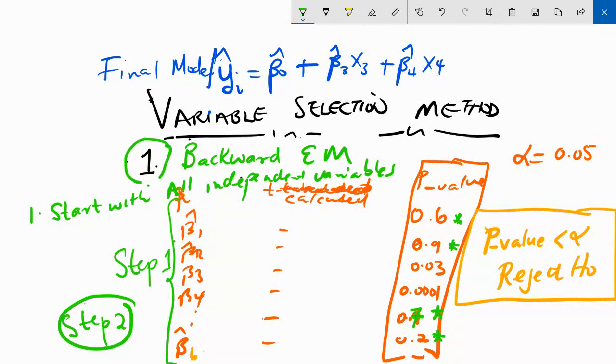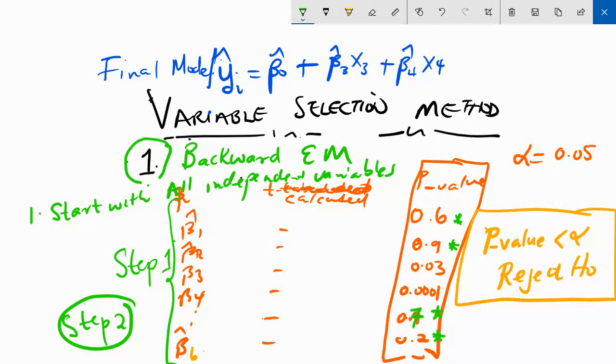You repeat the same thing. You check the p-values. Remember, immediately when you remove x2, obviously your betas will be affected. So you run the model again without x2. You check the p-values.